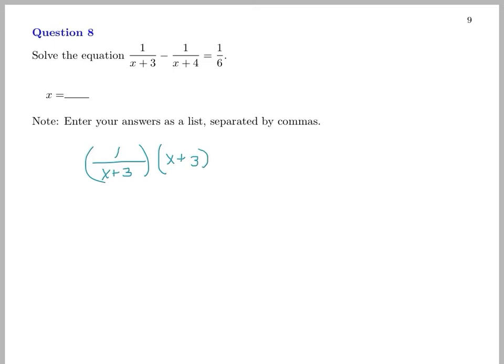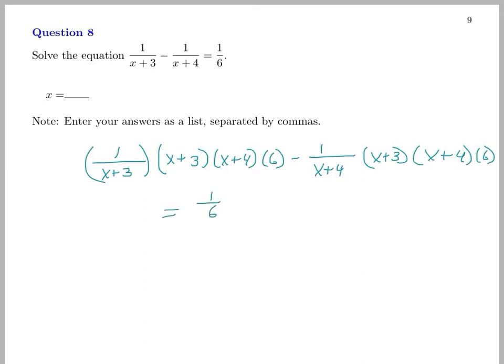So x plus 3 times x plus 4 times 6 minus 1 over x plus 4 times x plus 3 times x plus 4 times 6. And, well, let's just set equal to 1/6 times x plus 3 times x plus 4 times 6.